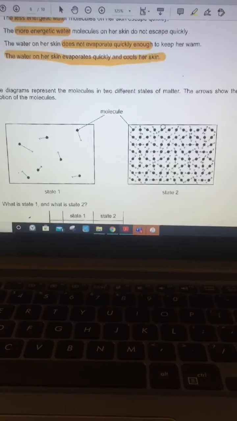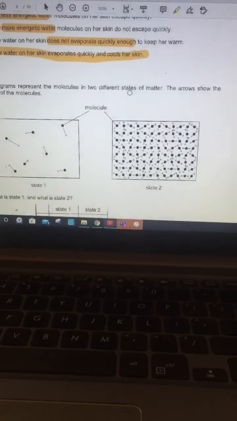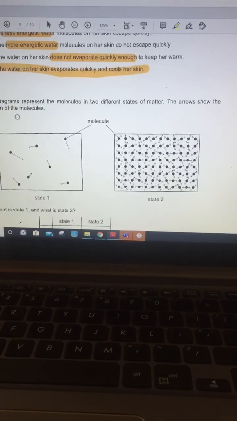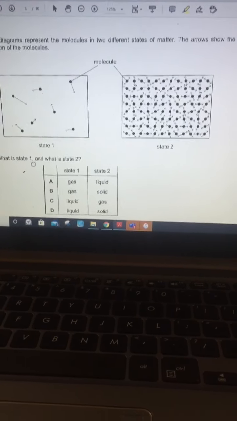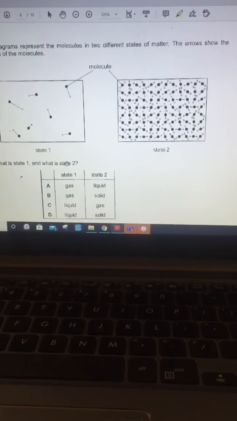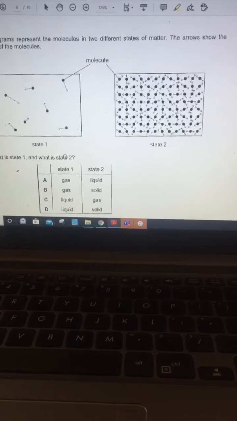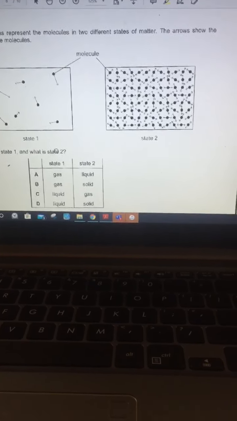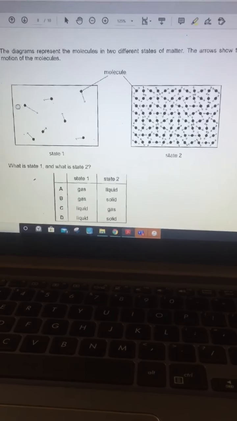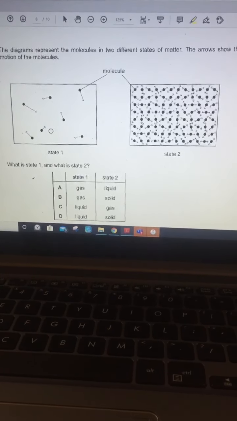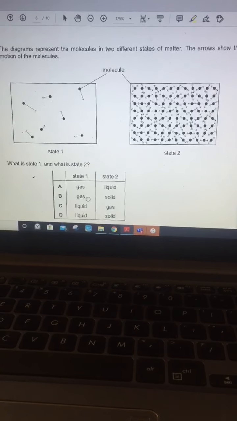22nd question. The diagram represents the molecules in two different states of matter. The arrows show the motion of the molecules. What is state 1 and what is state 2? In state 1 it is random, and there are only a small number of molecules, the density is less, so it is obviously gas.